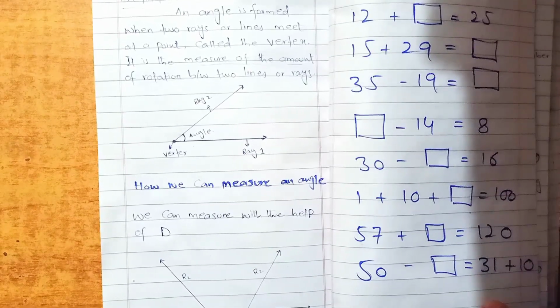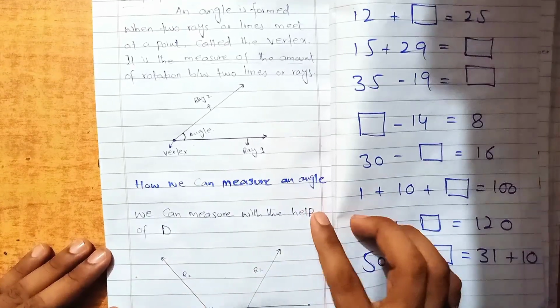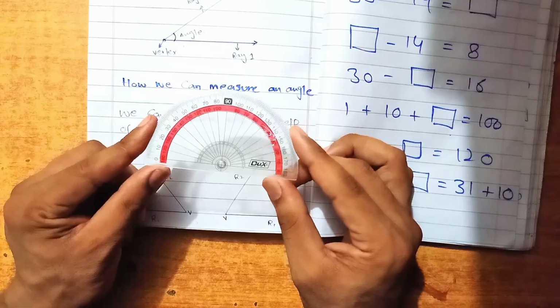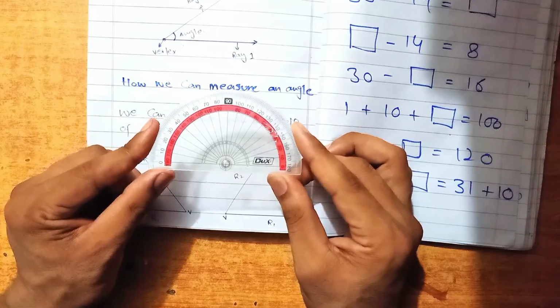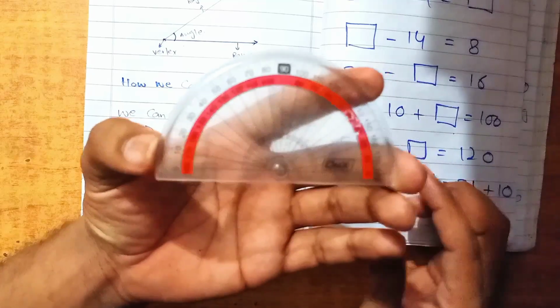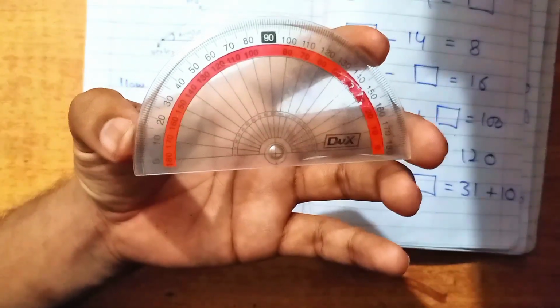So moving toward the objective of this video, how can we measure an angle? We can measure an angle with the help of this protractor. Let me explain the main parts of it.